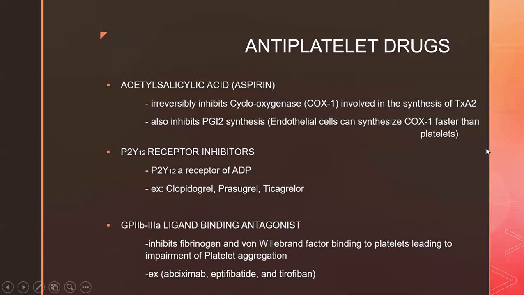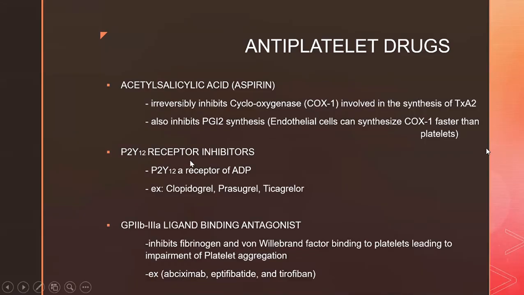May dalawang function ng aspirin. It can inhibit thromboxane synthesis and prostacyclin synthesis. Pero it is more of an inhibitor of platelet aggregation rather than a promoter. Okay? Because of this idea that your endothelial cells can synthesize faster COX-1. Okay?